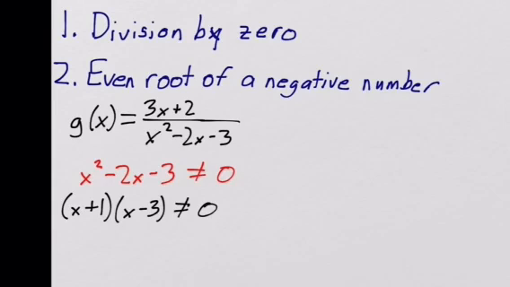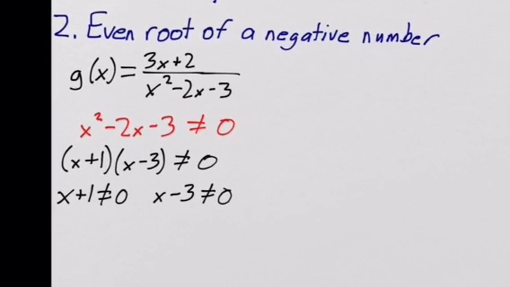So therefore, in order for it to not equal 0, both of them have to not equal 0. So x plus 1 does not equal 0, and x minus 3 does not equal 0. So we get x does not equal negative 1, x does not equal 3.